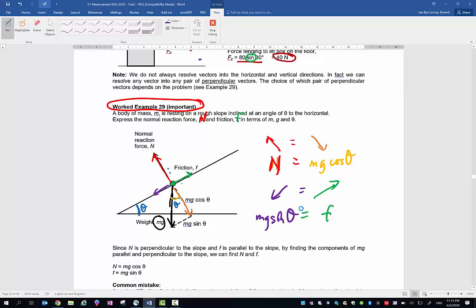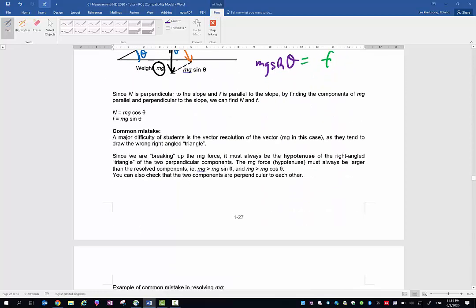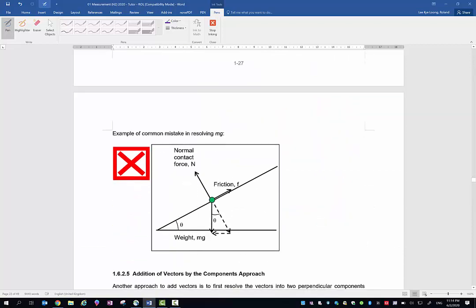Now a common mistake is for people to resolve it like that. This is the weight, and then you resolve it into the horizontal and the vertical. This is wrong, because the thing that you resolve is the resultant force.